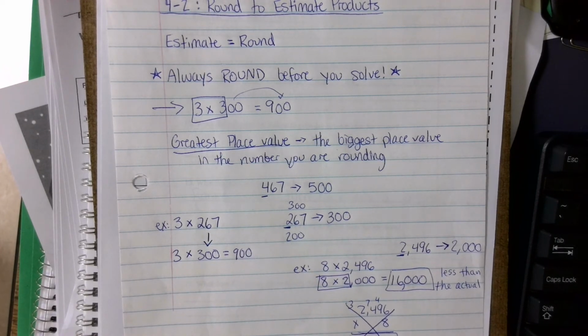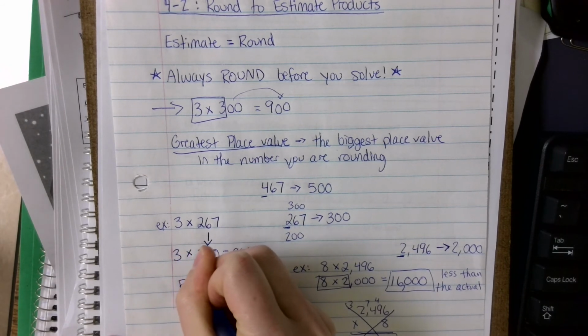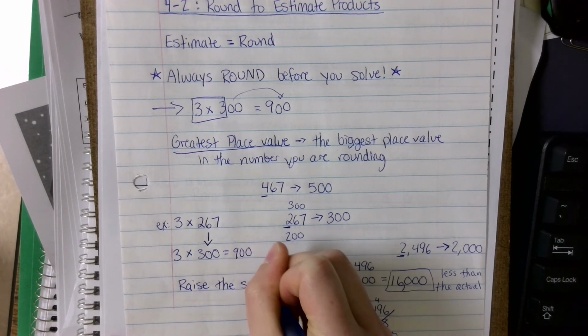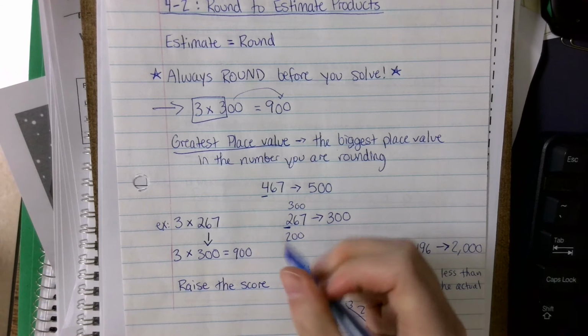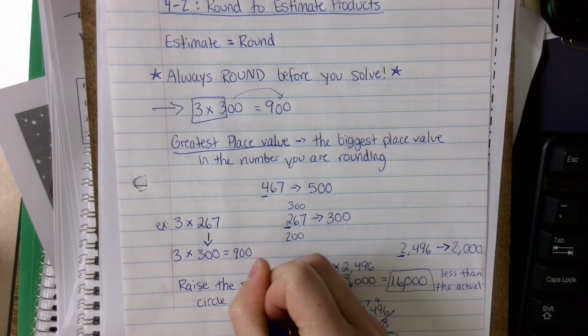So we need to figure out, well, what helps me to know if it's going to be less than or greater than what the actual product would be. So the way that I like to think about this is raise the score. So when you're rounding, you raise the score. So if this had turned into a 3, then I would circle more.